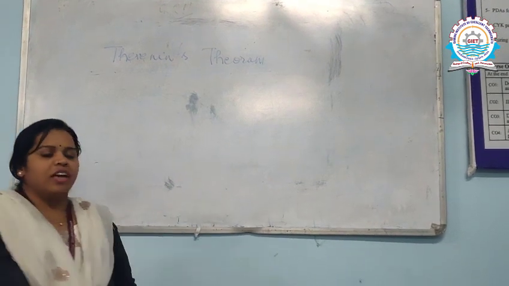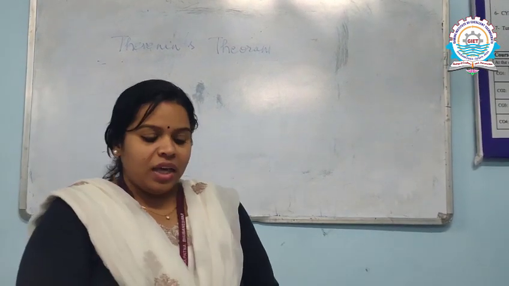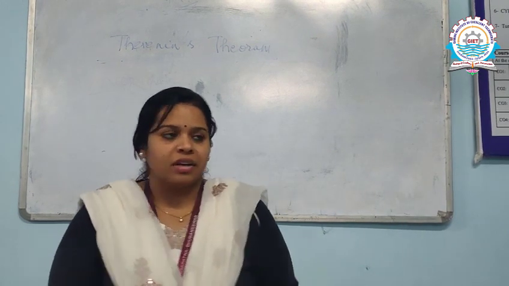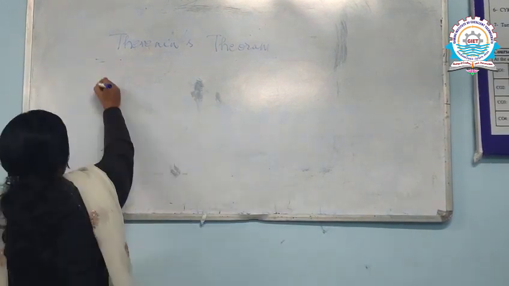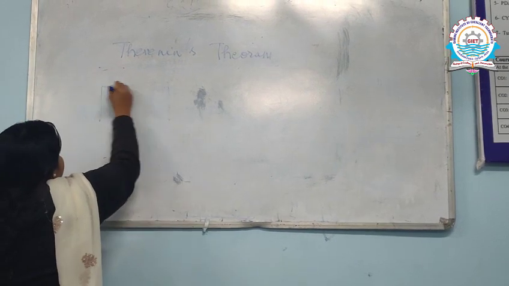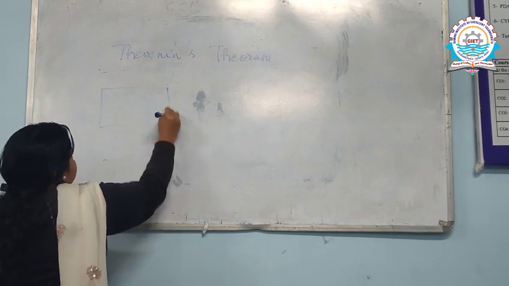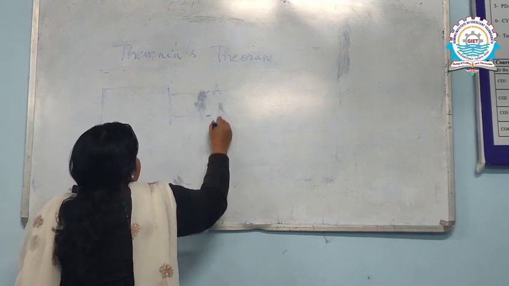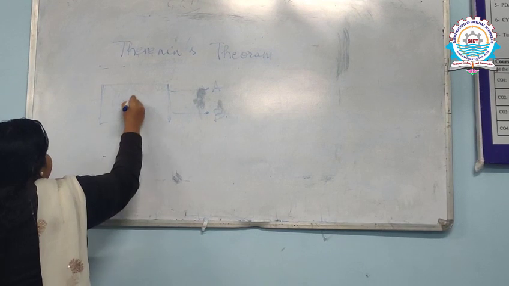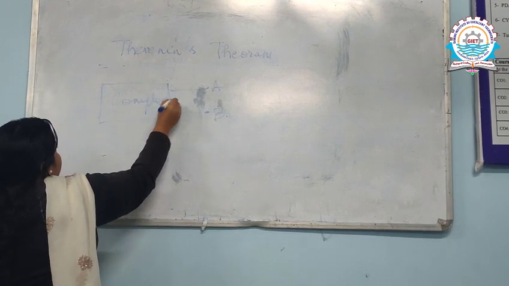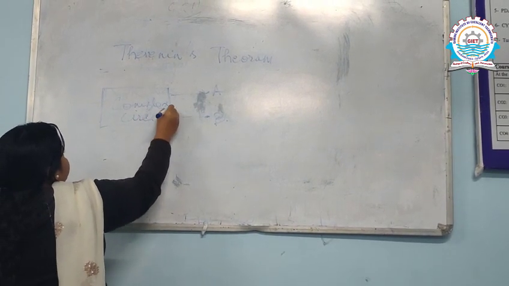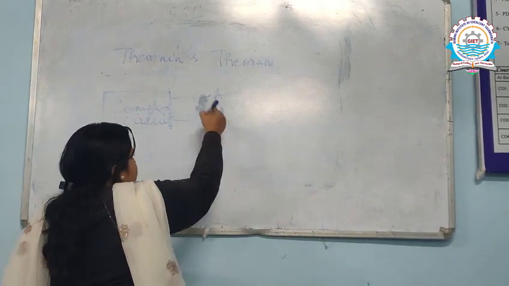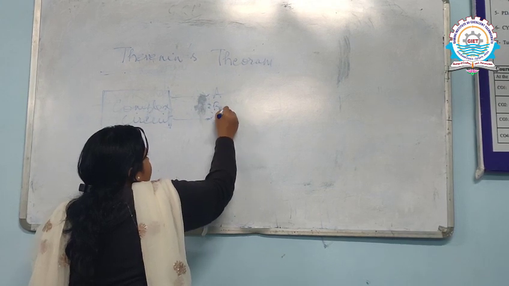If we talk about Thevenin's theorem, it is about how we reduce a complex circuit into a simple circuit. Suppose this is one complex circuit and across that we have the AB terminals with RL load.